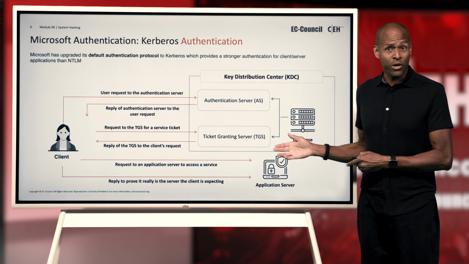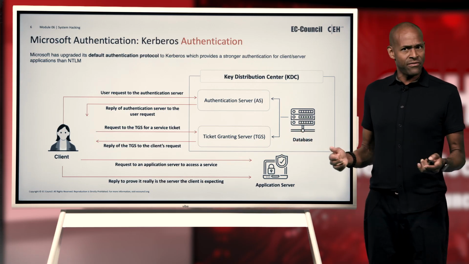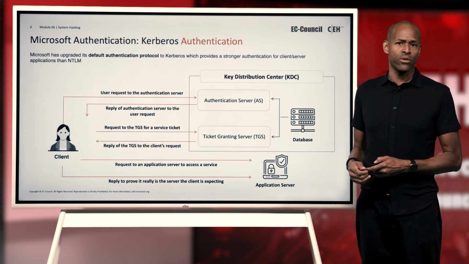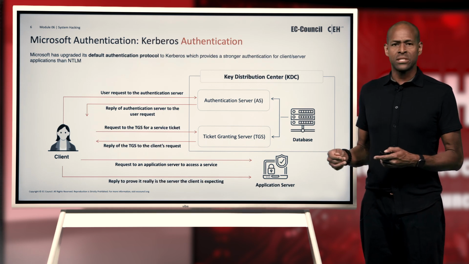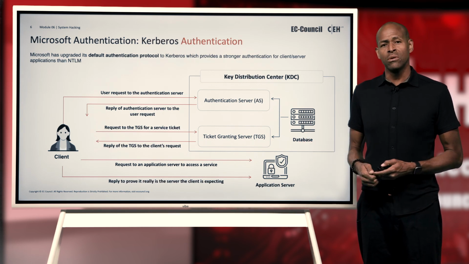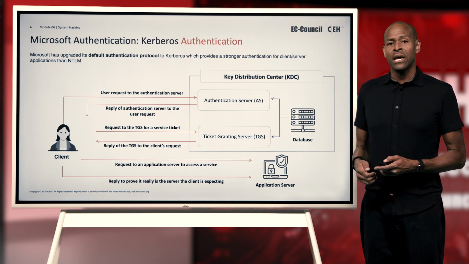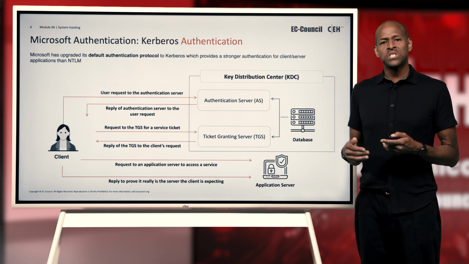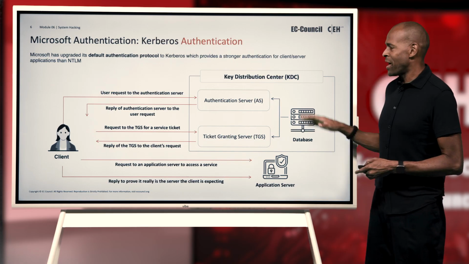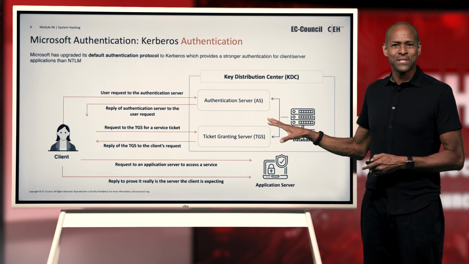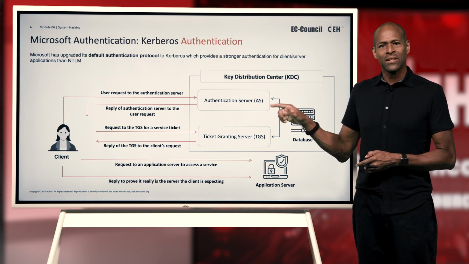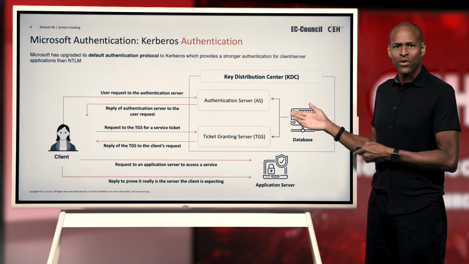What the domain controller is going to be doing instead of exchanging hashes, it's going to be using Kerberos. Kerberos is the major security tool in Active Directory, and it uses a system of ticket granting tickets and tickets. And I'm going to simplify Kerberos here. Essentially what happens is the client computer will send in a request for authentication.